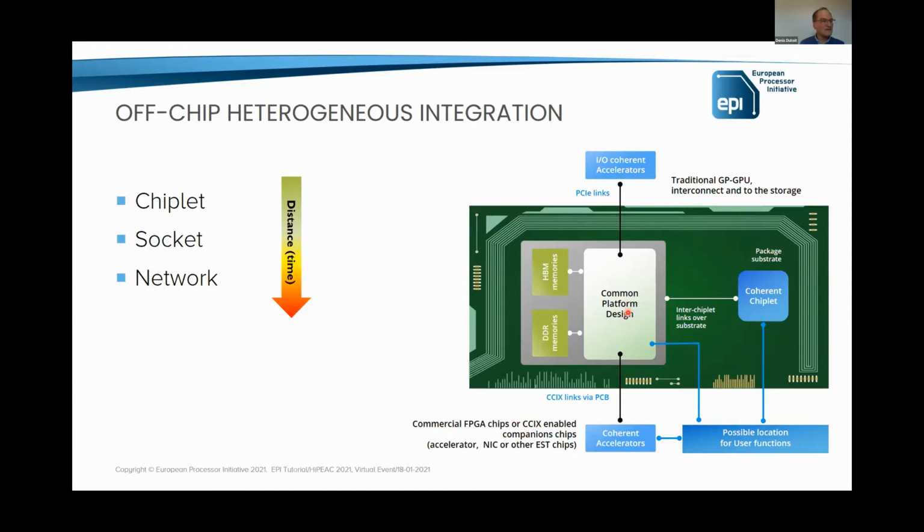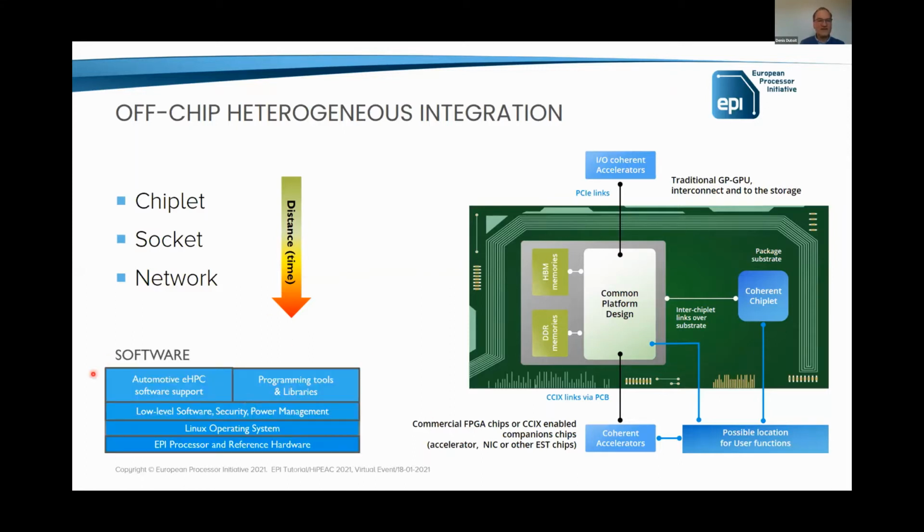And then there is also a possibility to have accelerators that are IO coherent with the main chip, with the host, through PCI Express links at network level. Obviously, the shorter the accelerator is connected, the less power consumption you have. So in terms of power consumption, chiplet is much better than a network. As well as the latency: the shorter the distance is, the shorter is the latency between the accelerator and the common platform design or the host.